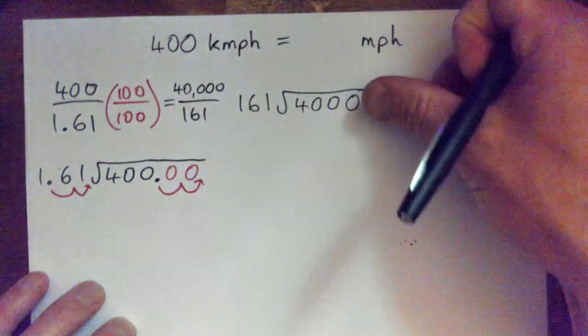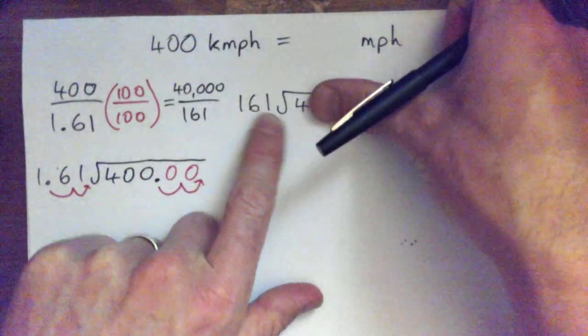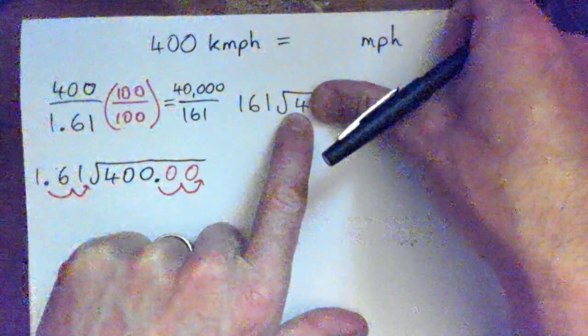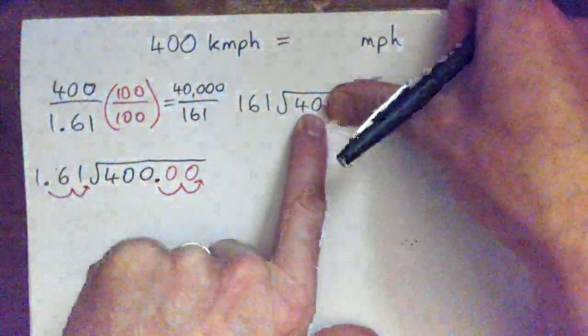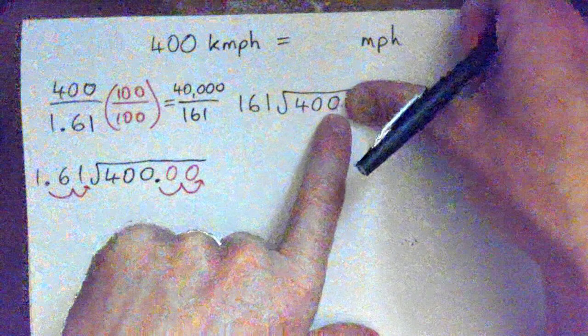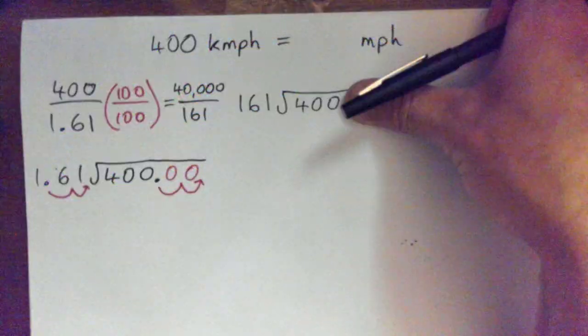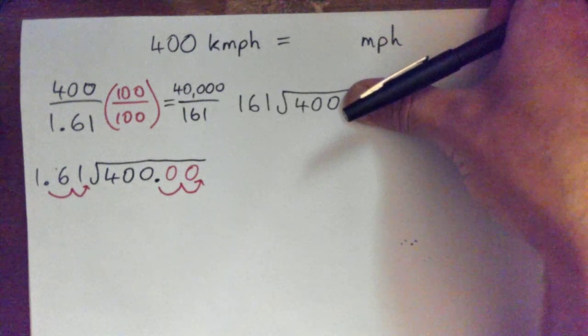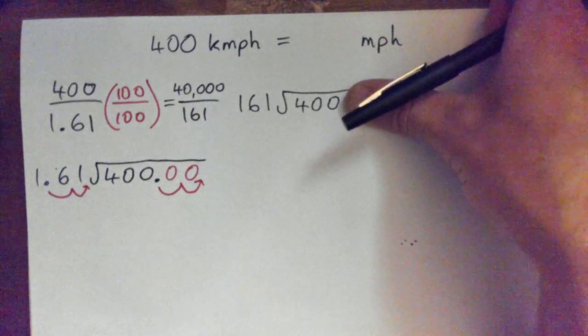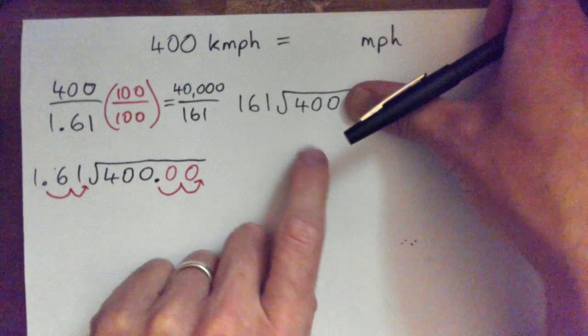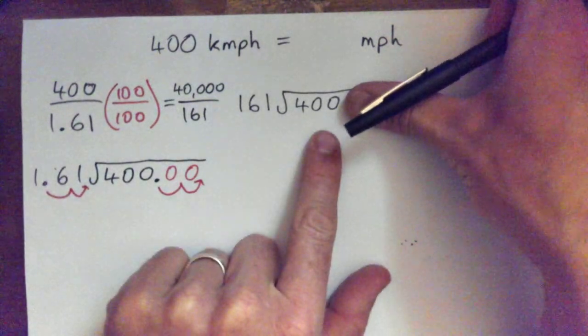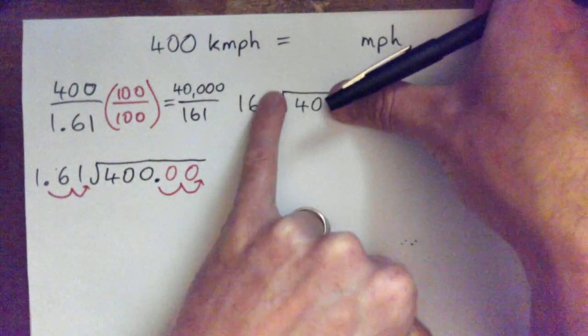Okay, so we do 161 into 4 won't go. 161 into 40 won't go. So what's 161 into 400? That probably goes a certain number of times, right? And again, it goes back to guessing. I'm going to just cover off, let's say, make that a 40 and make that a 16.